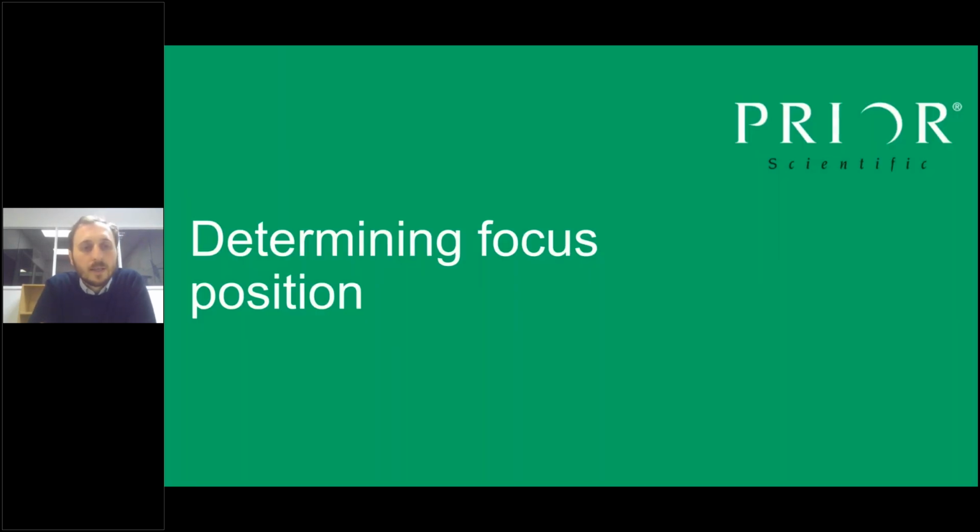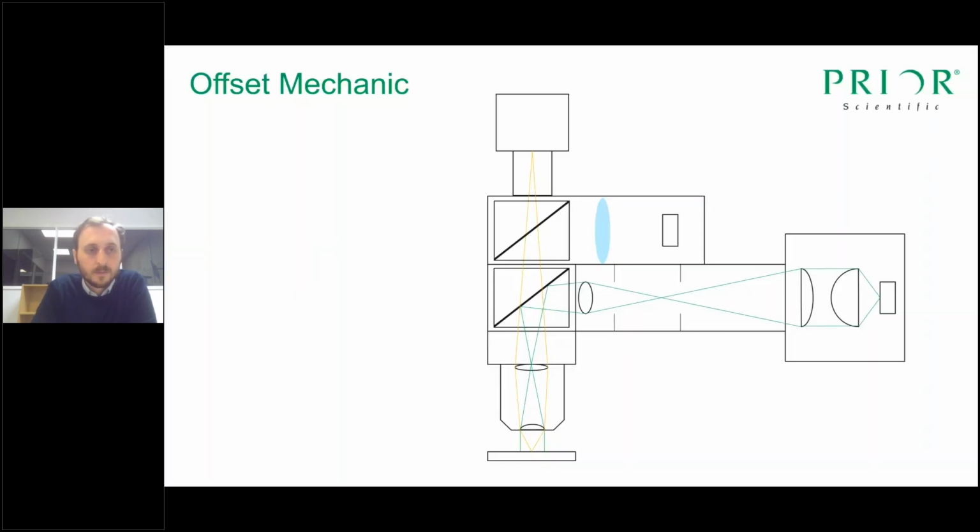Okay. In this next section, we'll talk about how focus position is determined and give you a feel for how we can deal with different sample types. So the Prior's Pure Focus contains an offset mechanic, and what this allows us to do is to correct for differences between the parfocality of the sensor in the Pure Focus and the camera in the imaging system.